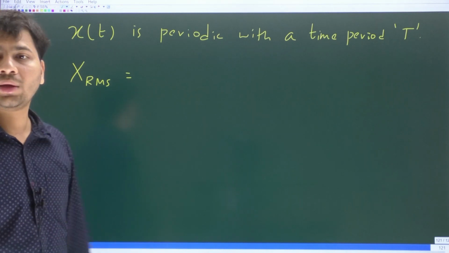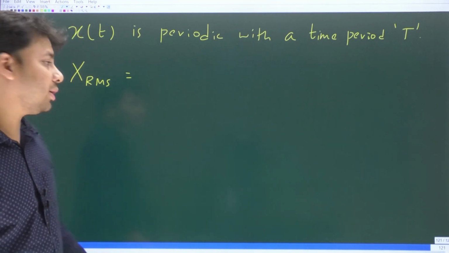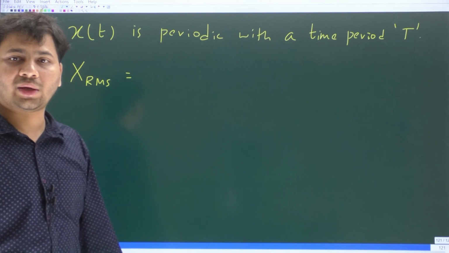Then you will get the root mean square value of this periodic signal x of t.